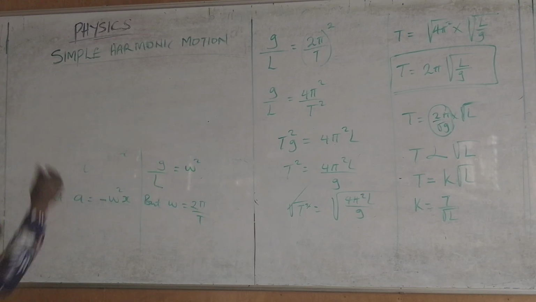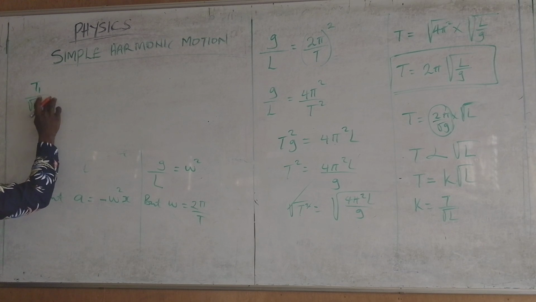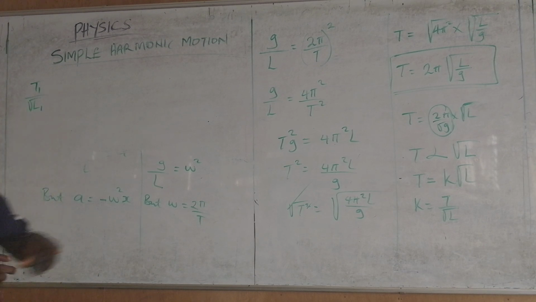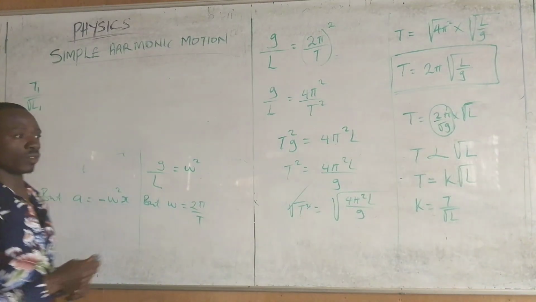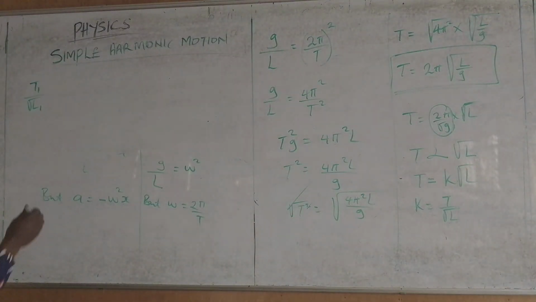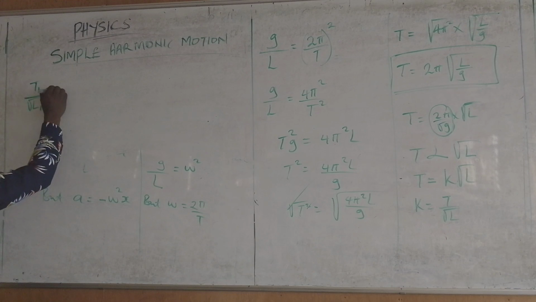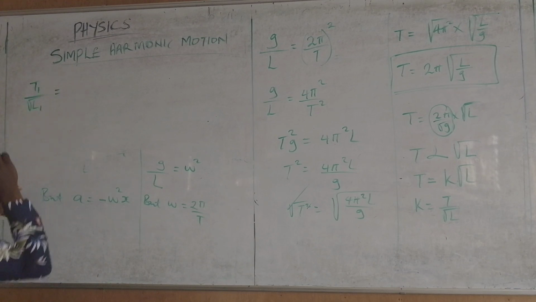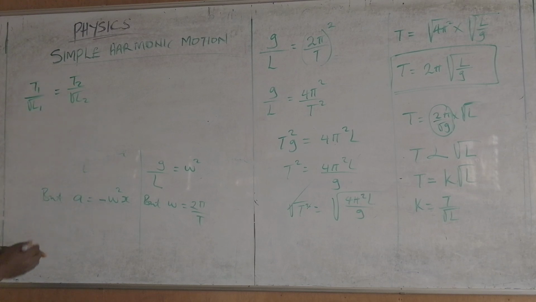So I can also say T1 over root L1, because what this means is that period depends on the length of the body undergoing simple harmonic motion. So T1 over root L1 will now be equal to T2 over root L2. So I'm going to give an example now.